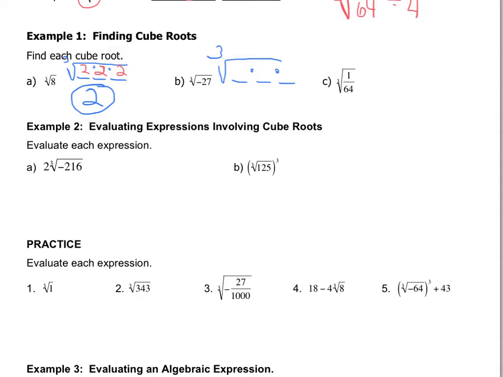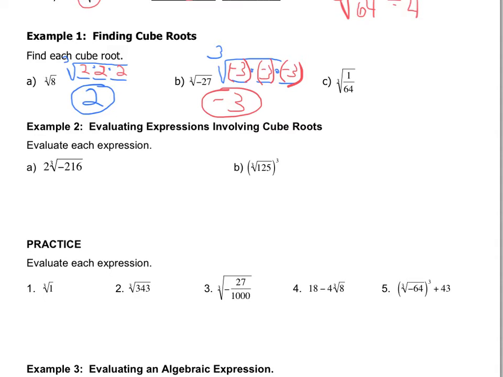But notice here, because we have 3 numbers, we actually can do this. And the number I'm looking for is negative 3, because again, negative 3 times negative 3 times negative 3 will give me that negative 27.